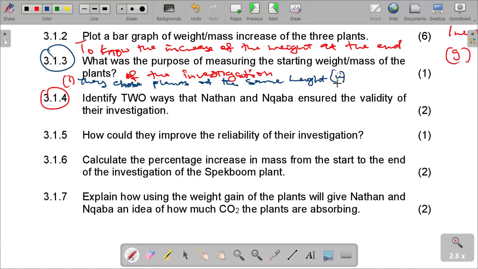They put the plants in equal sized pots.